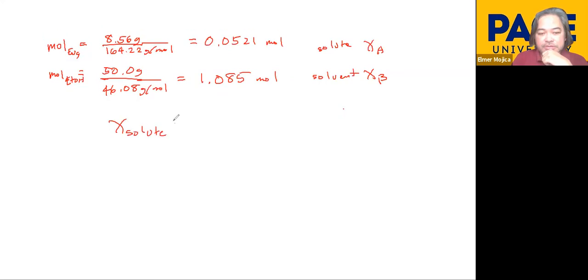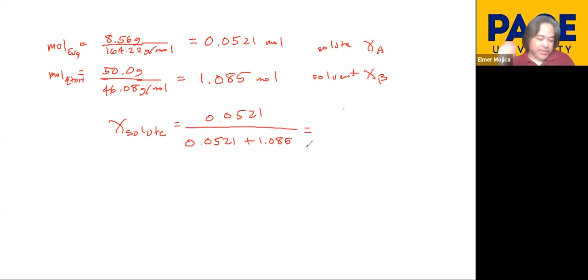solute. So all we need is 0.0521 over 0.0521 plus 1.085. And that will give me how much fraction? What's the fraction for that?